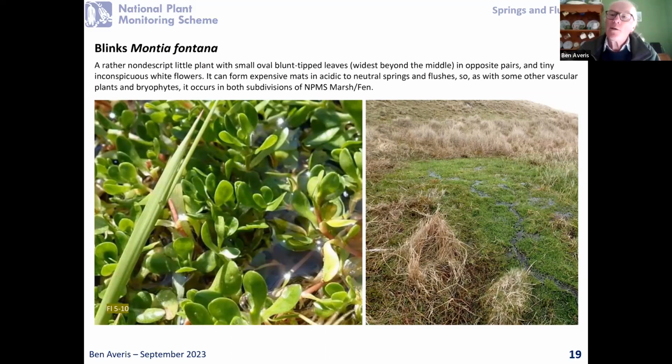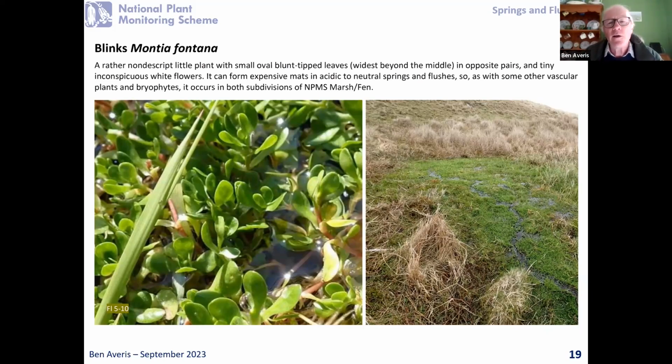And in NPMS, marsh and fen, neutral puts it into base-rich, because even though in a wider sense we can recognize acid wetlands, neutral wetlands, and truly base-rich wetlands, in the NPMS scheme, acid ones are in the acid fine-scale habitat. Neutral and base-rich ones are both put together in what's called the base-rich one. So those last two species we saw straddle both NPMS subdivisions, and so does this one, Montia fontana.